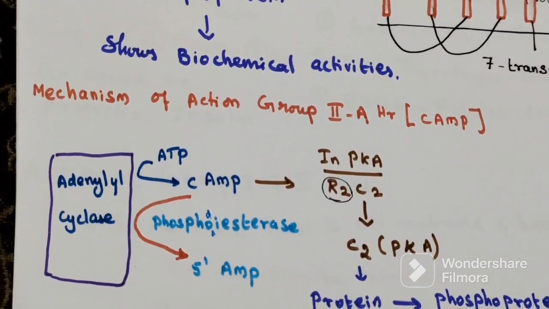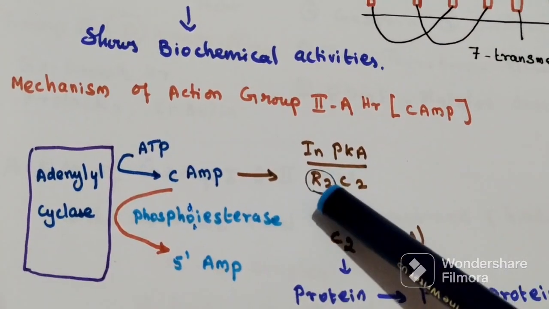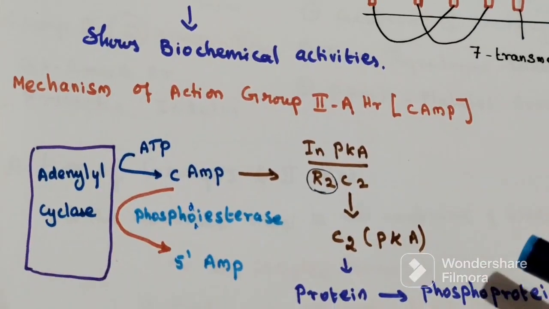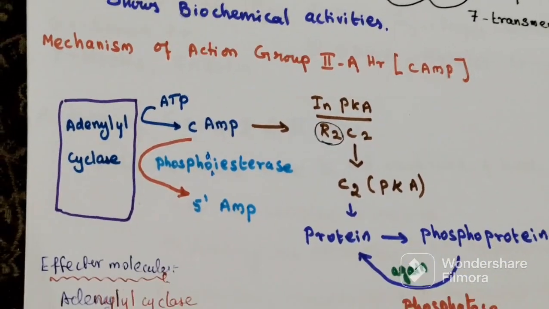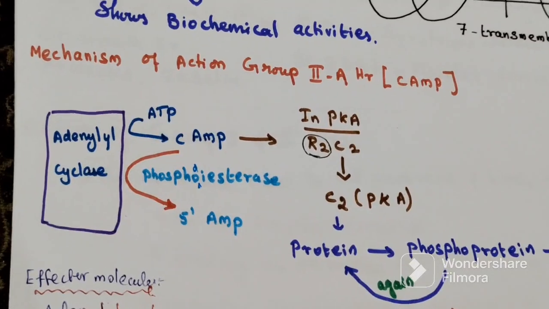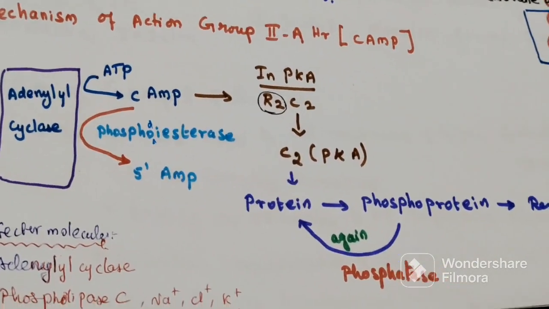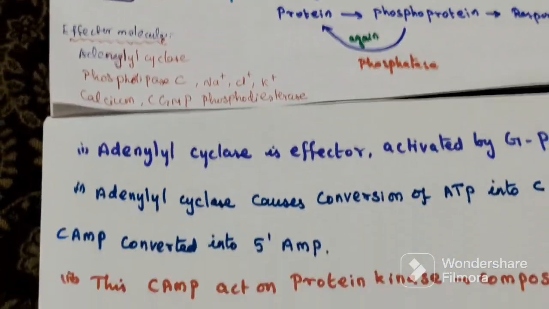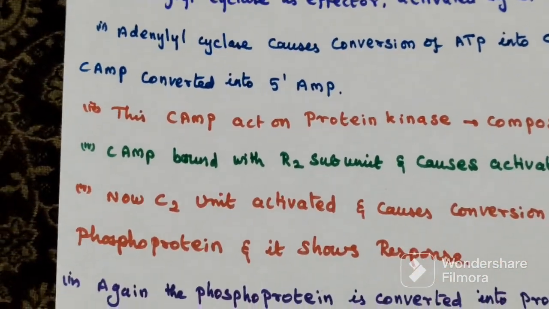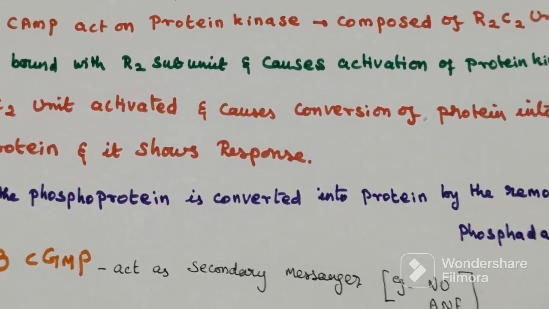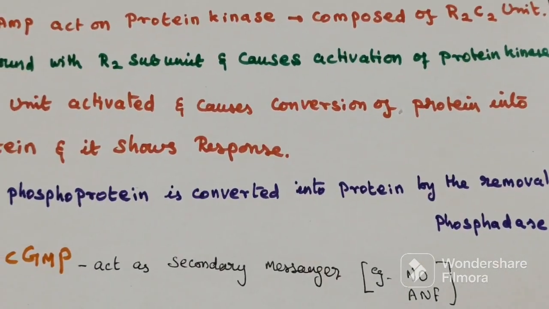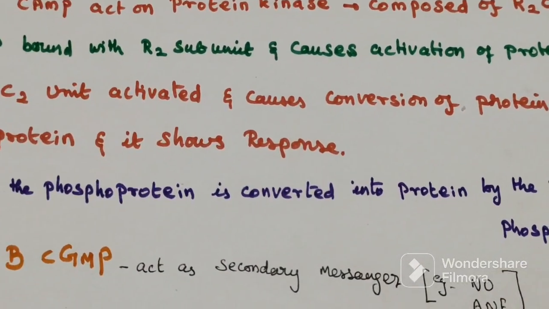Now this cAMP binds with the R2 unit, which causes activation of protein kinase. Now the C2 unit is activated and causes conversion of protein into phosphoprotein. It shows the response. Again the phosphoprotein is converted into protein by the removal of phosphate by phosphatase enzyme and phosphodiesterase enzyme.